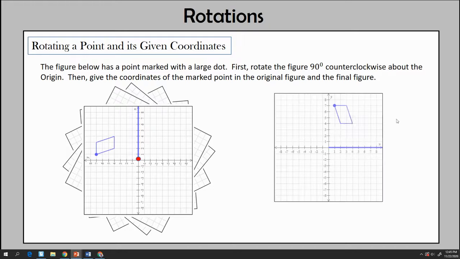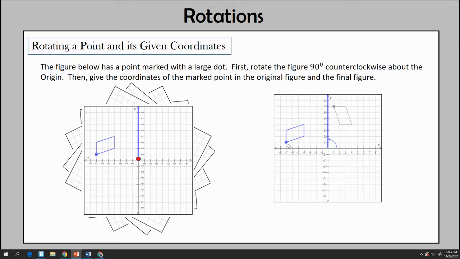It started like this, and when I did the rotation, I wound up rotating it down 90 degrees counterclockwise. That's what a rotation is, like sticking a pin in it and actually spinning your paper on that pin. The original point was at 1, 7. Our rotated point here now is at -7, 1. And don't worry, we're going to get into rules as to how we do this later. We're just getting the overall concept right now.